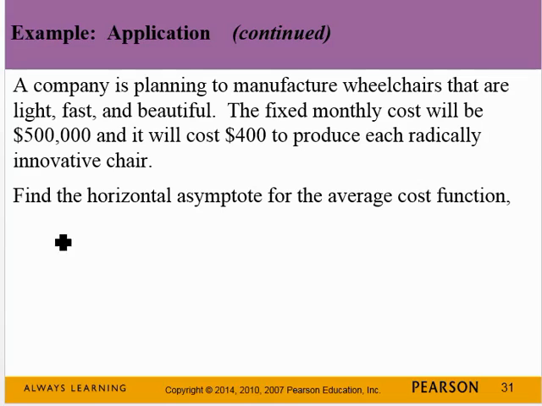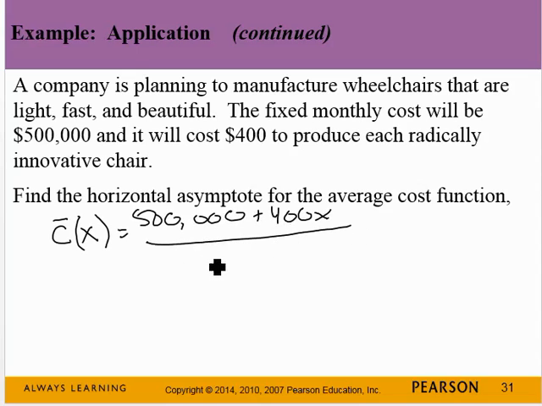So find the horizontal asymptote of the average cost function. So you have your average cost function, which is your C bar. So if I have my n is 1 and m is 1, they are the same, so you need to divide your leading coefficient by the leading coefficient of your denominator.